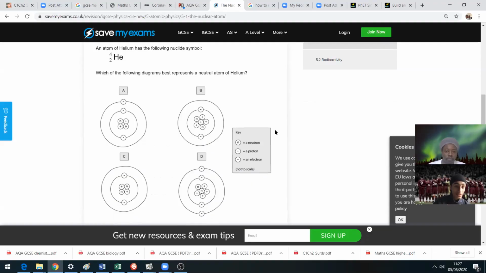Is the nuclide symbol just that, the 4-2-He? Yes, that's the nuclide symbol. Remember the He would be the element, the 4 would be the mass number or nucleon number, and the 2 would be the atomic number or the proton number. Atomic number and proton number mean the same thing.